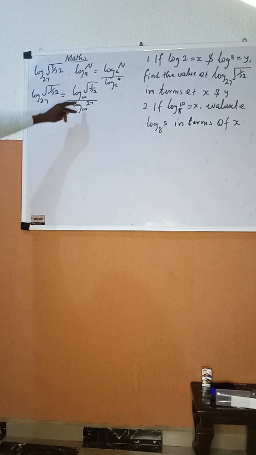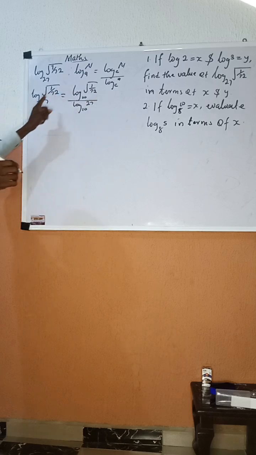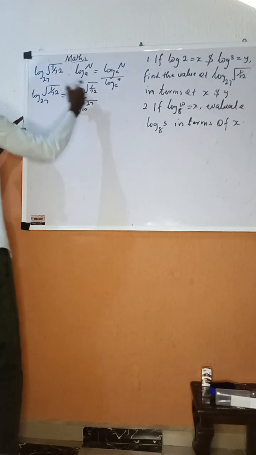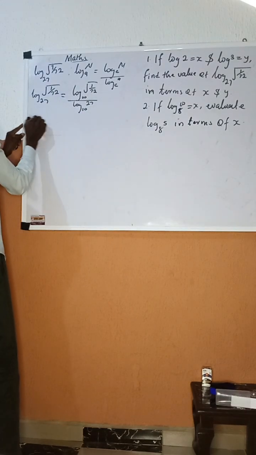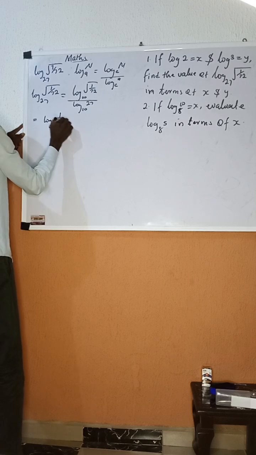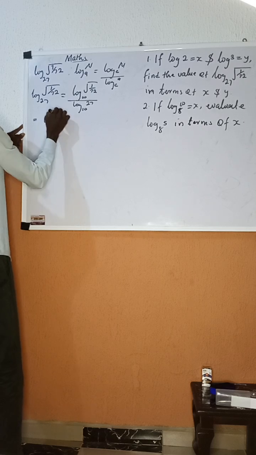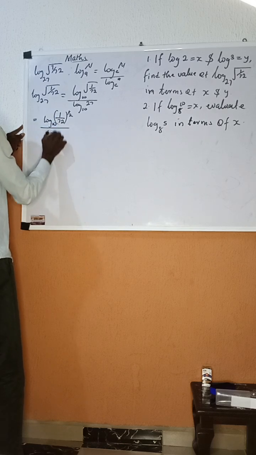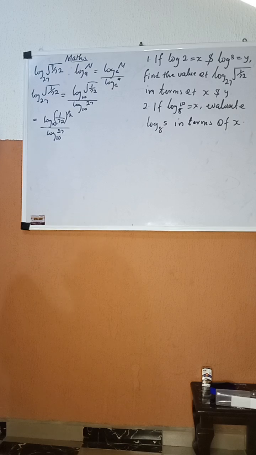Instead, we are now discussing base 10, where we are treating square root of 1 over 72 as a number and equally treating this 27 as a number. Of course, you and I know that this thing can be expressed this way, that this equals log of 1 over 72 in base 10 all raised to power 1 over 2 all over log of 27 in base 10.